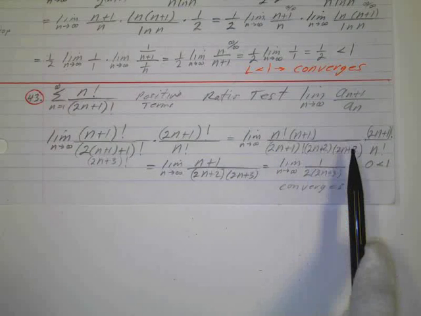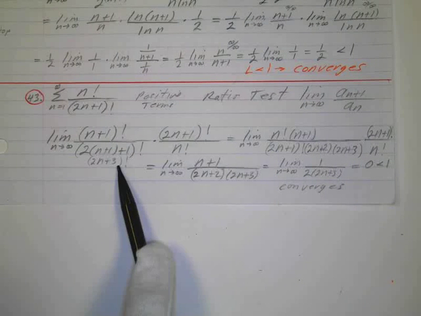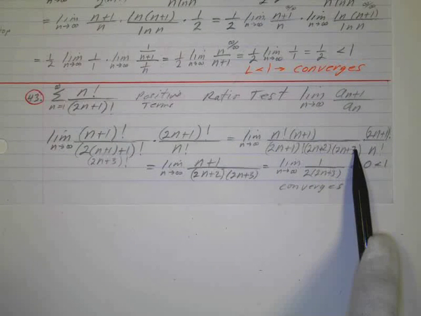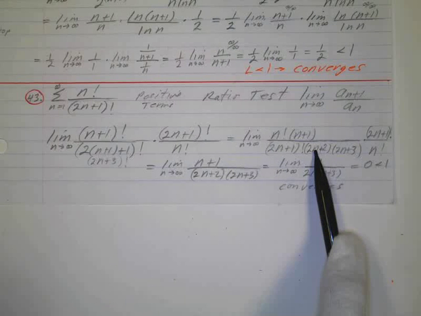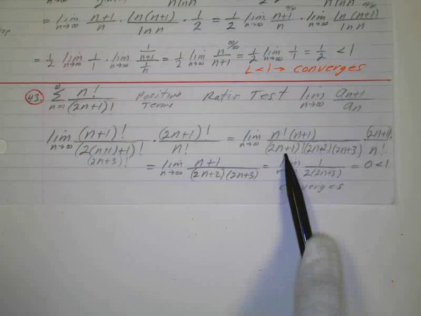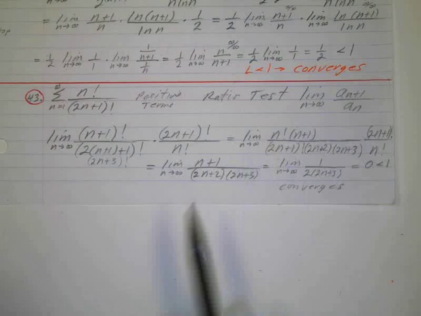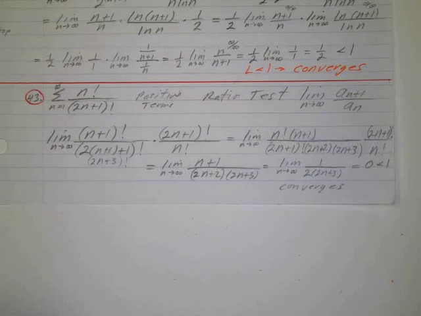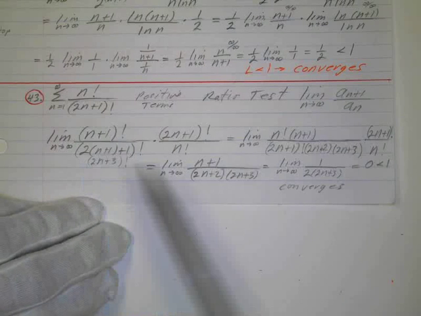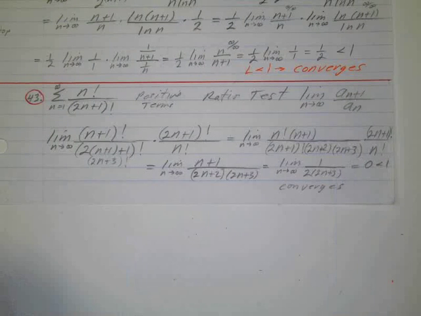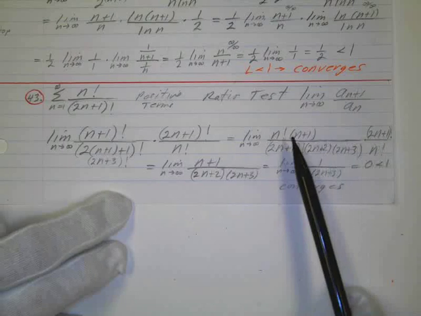I probably could have put these terms on the other side. But either way, you can write this as 2n plus 3, then 2n plus 2, times 2n plus 1, etc., and that's because of the 2n factorial. All right? So I should have written it this way first, okay? I don't know why I chose to do it like that.